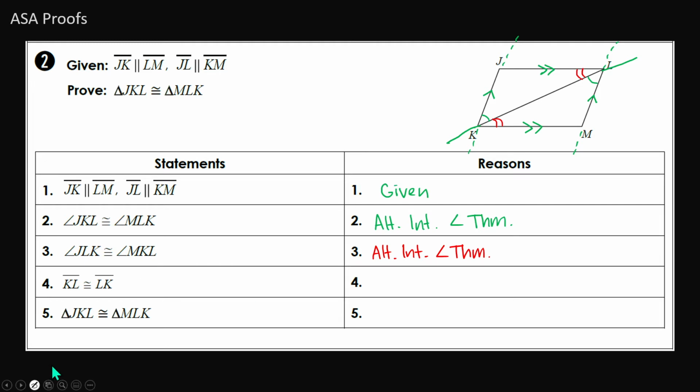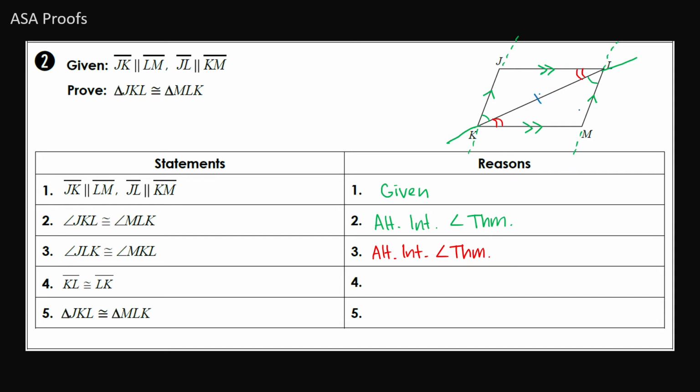Next, it looks like we're proving that segment KL is congruent to segment LK. In the diagram here, I use a different color again, we can see that KL and LK are the same segment. These triangles share the same side, which means that it's congruent.